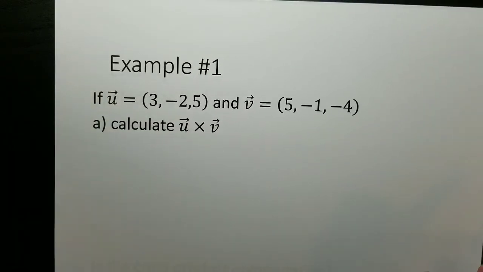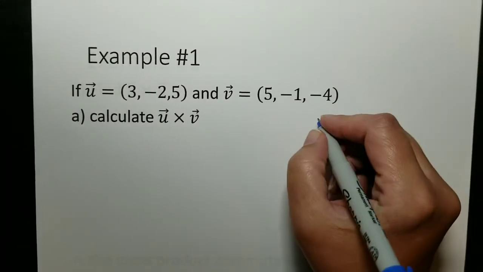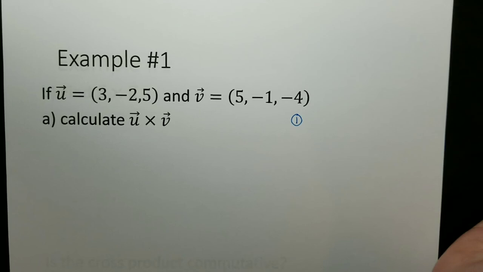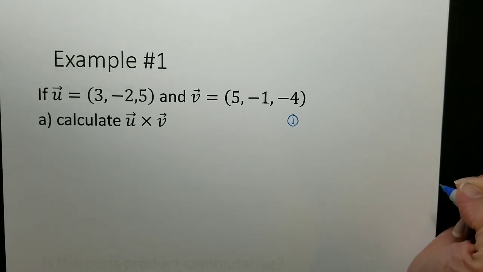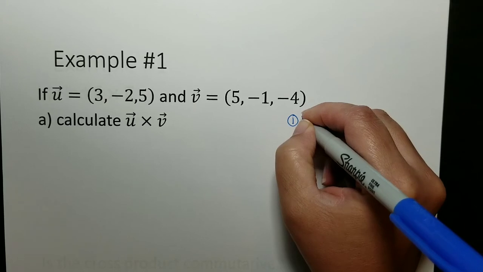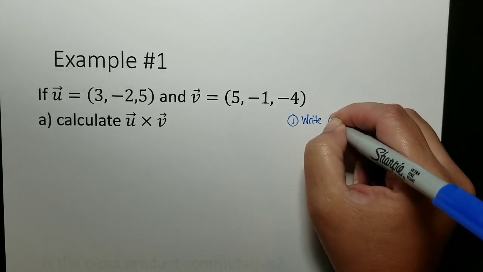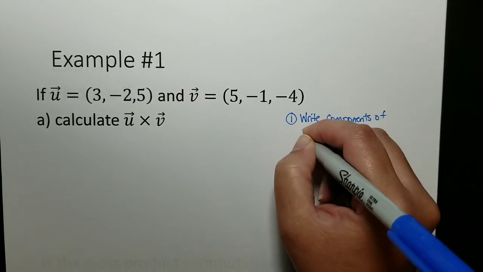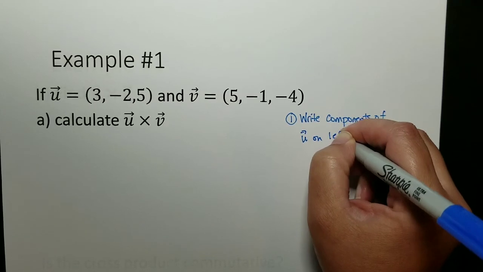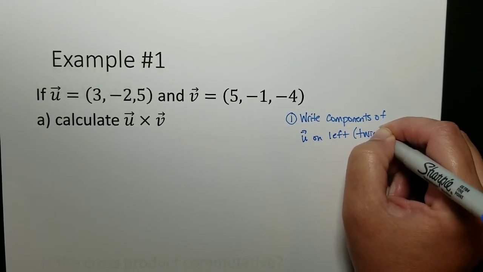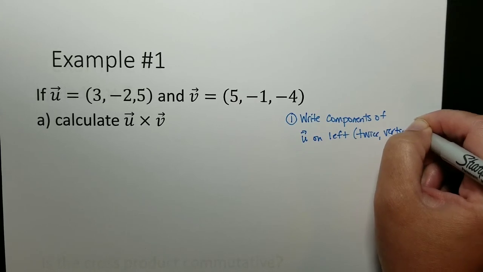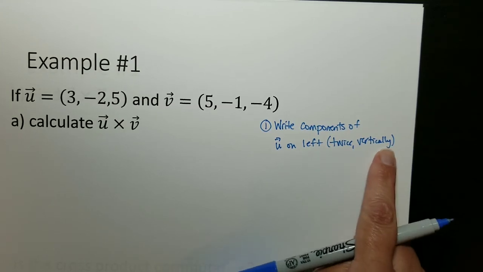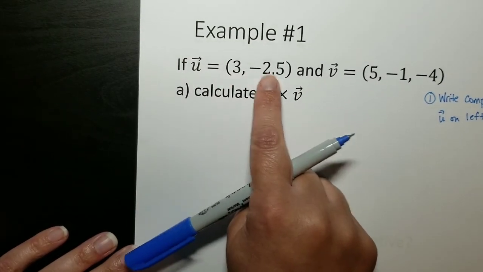The first step in my handy dandy shortcut is to write the components of U twice, going vertically down. So U is 3, -2, 5.